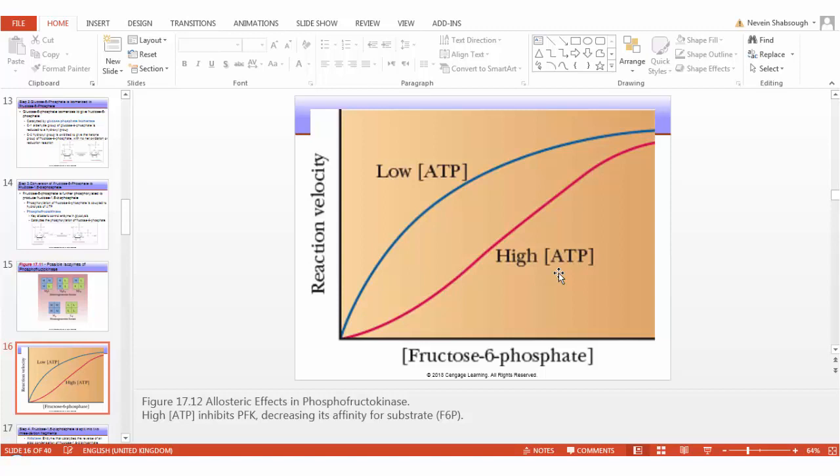In addition to ATP, we have another more potent allosteric effector of phosphofructokinase, called fructose 2,6-bisphosphate, and we will discuss this in the next chapter.